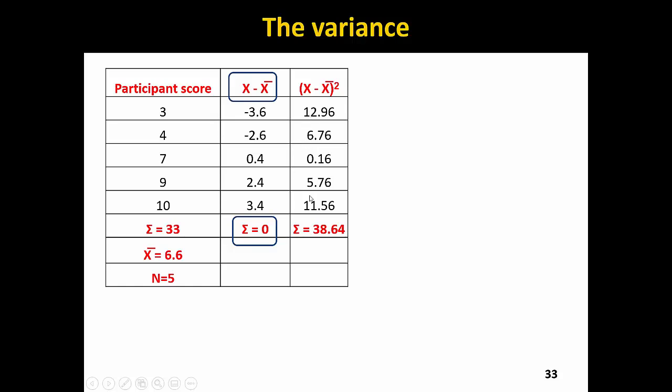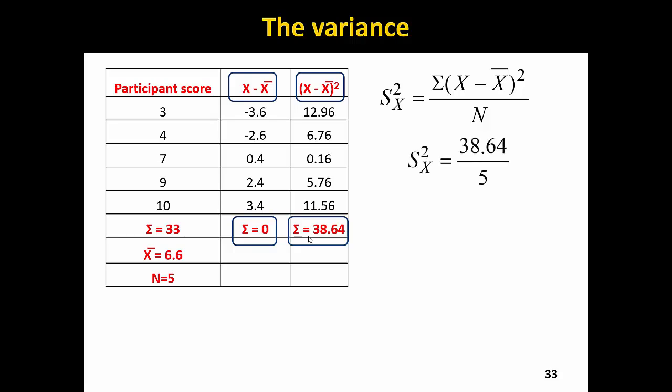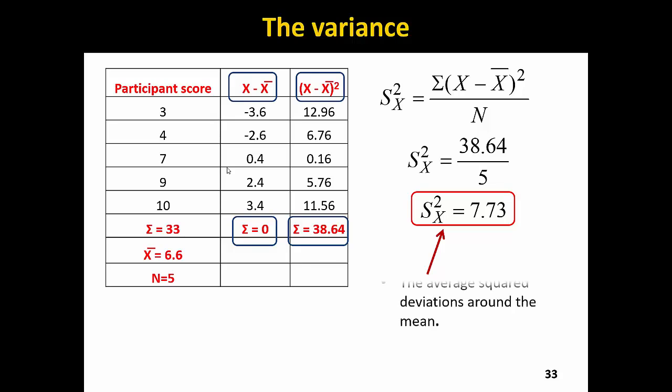We now add up all of these values and we get a final value of 38.64. Then we take that 38.64, which we have up here in the numerator, and divide it by the sample size. In this case, we have a sample size of 5, and we end up with a value of 7.73. This value is the average squared deviations around the mean, and this is what we call the variance.